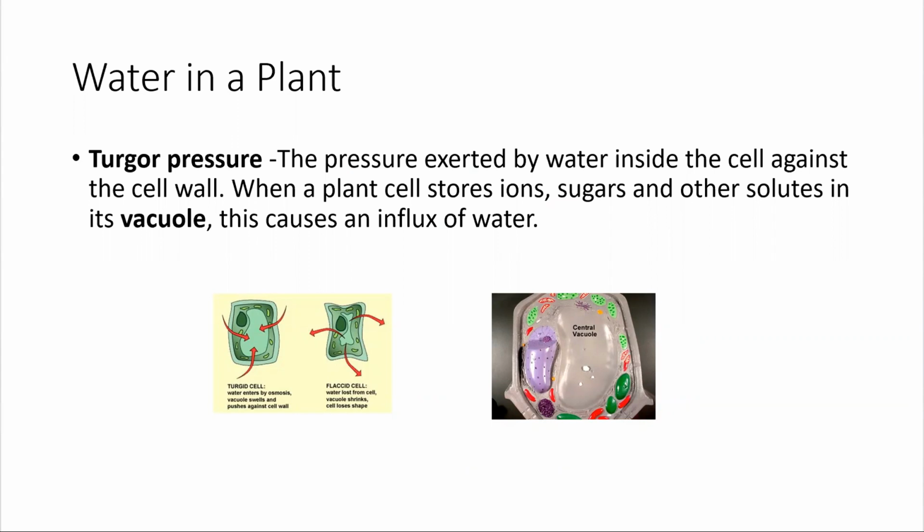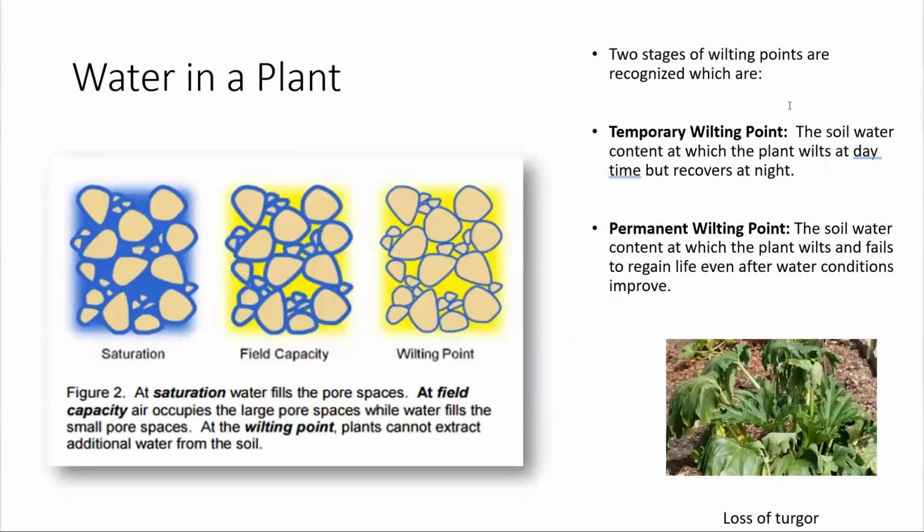Okay, so the amount of water that's available to the plant and the water demand of that plant generally will control how much water is actually coming through. Now, when there's not enough water in a plant or in the soil for the plant, we get wilting.